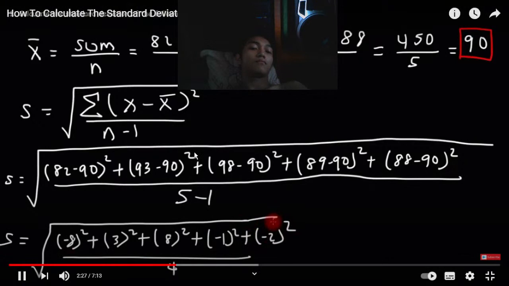So go ahead and type this in. So we have 8 squared plus 3 squared plus 8 squared plus 1 squared plus 2 squared. So that adds up to 142.